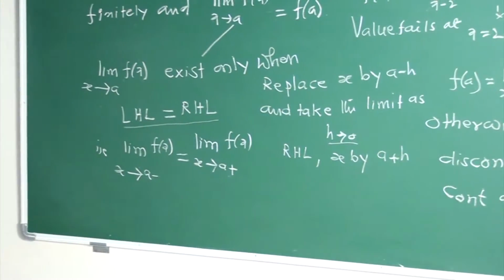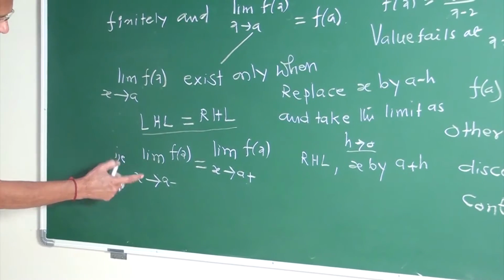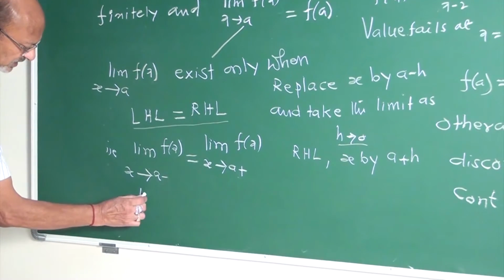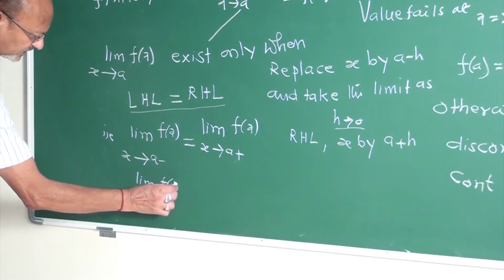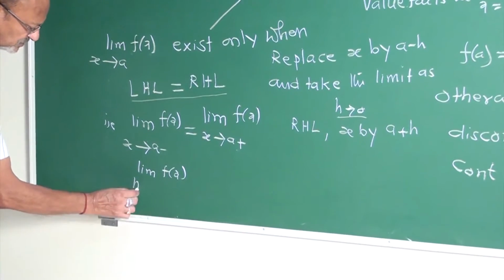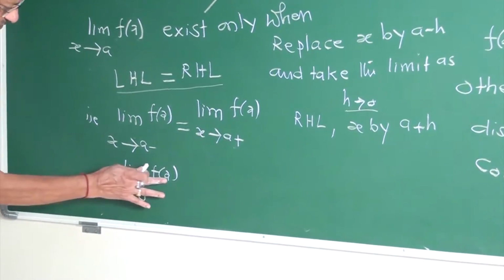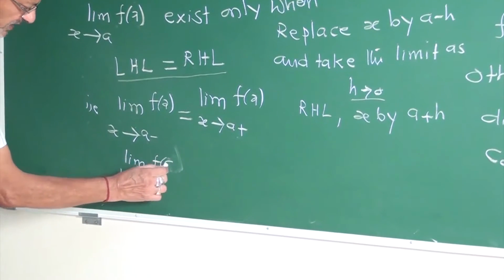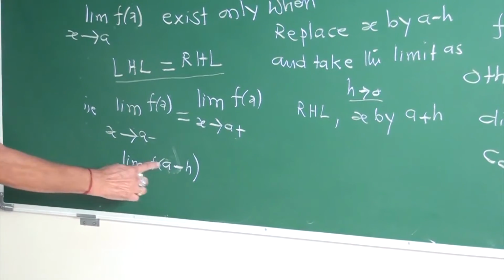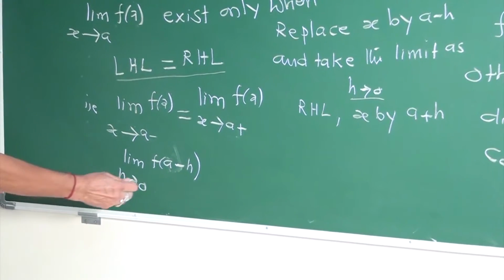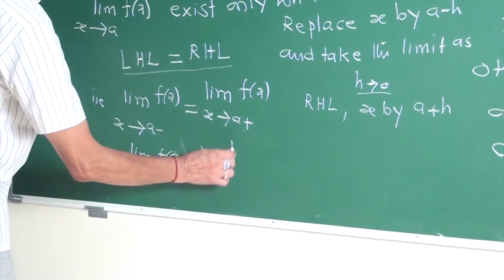Therefore, LHL equals the limit as h tends to 0, where you replace x by A minus h.